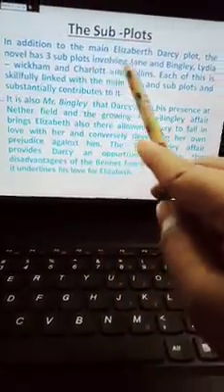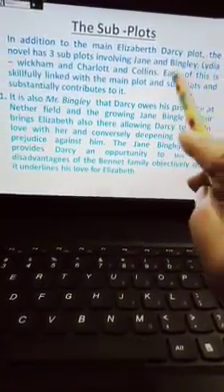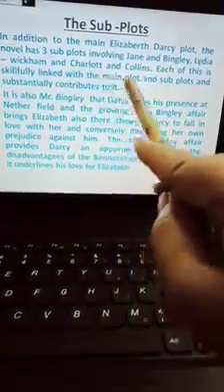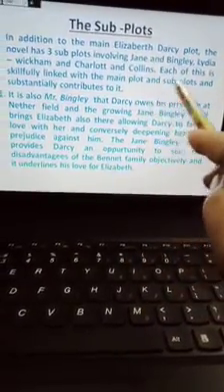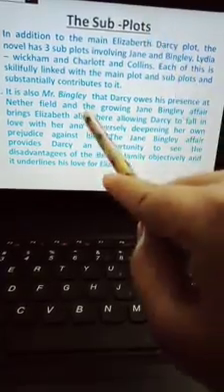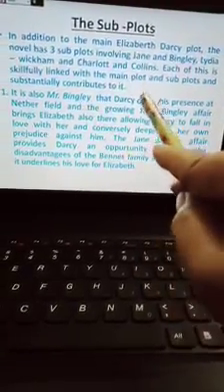In addition to the main Elizabeth-Darcy plot, the novel has three subplots involving Jane and Bingley, Lydia and Wickham, and Charlotte and Collins. Each of these is skillfully linked with the main plot and substantially contributes to it.